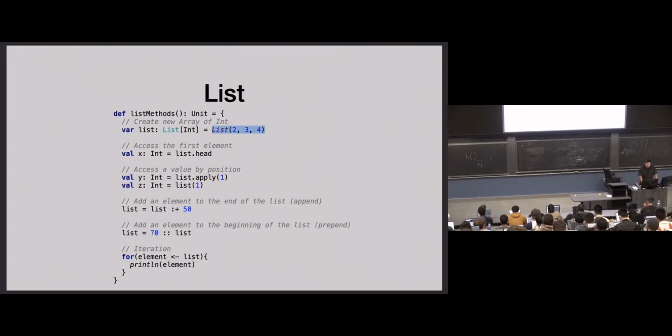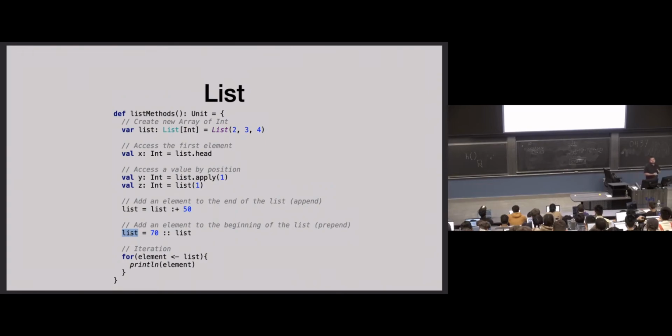When we're prepending, it's a little bit different. 70 is actually going to have a reference. It's going to have the value 70 and know where the beginning of this old list is. It's going to know where this 2 lives. 2 knows where 3 lives. 3 knows where 4 lives. So when we're prepending, this list is actually remaining in memory and being used as part of this new list. So this new list kind of absorbed the old list and reuses that same memory, so that would not get garbage collected.